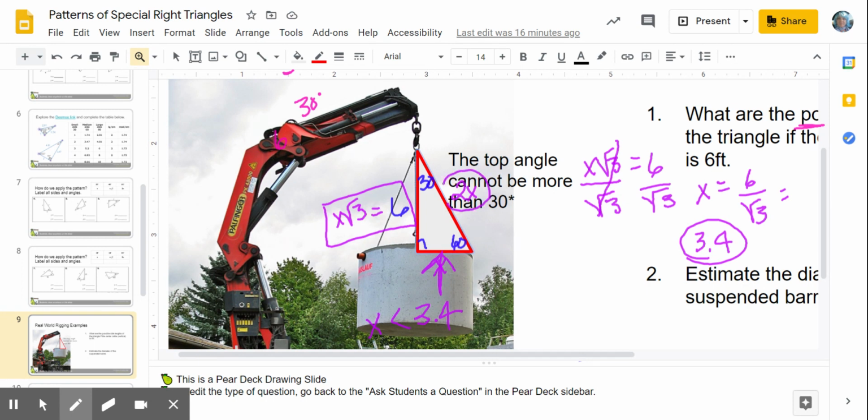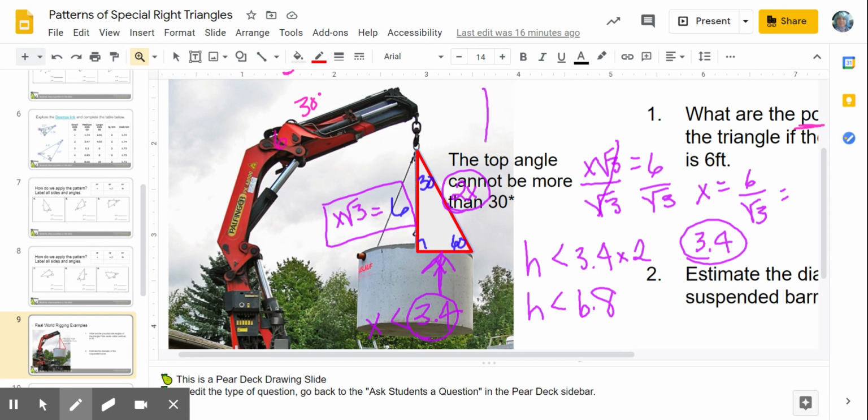So what's this hypotenuse? If that's going to be 2x, the hypotenuse has to be less than what? 3.4 times 2? Which is what? 6.8. Absolutely.